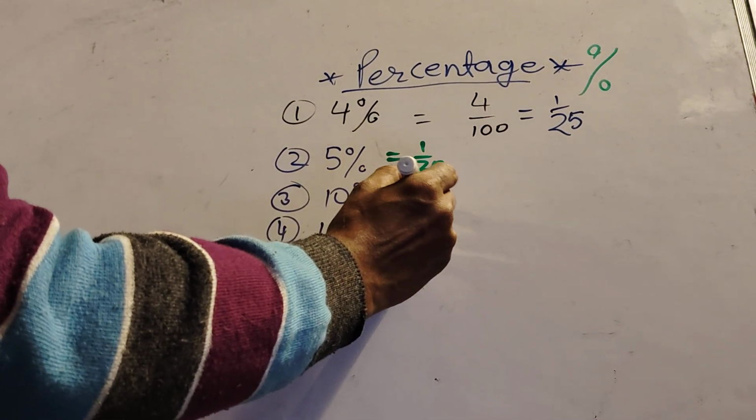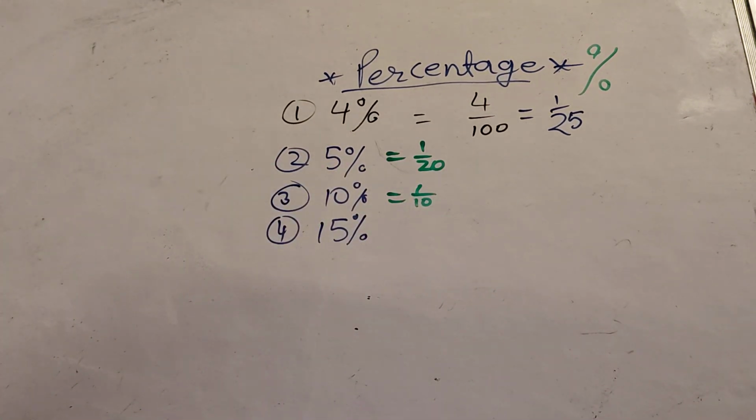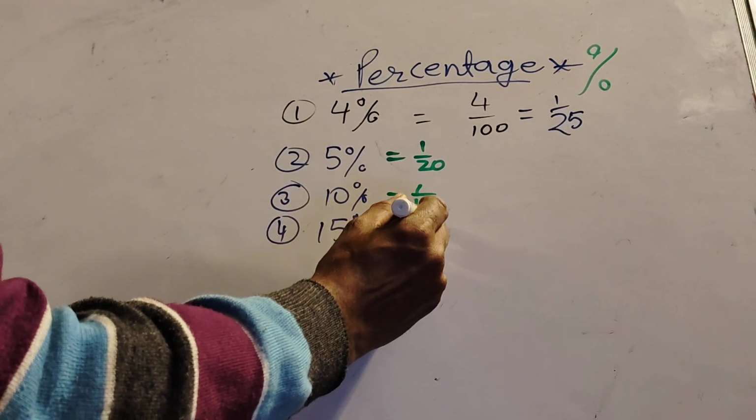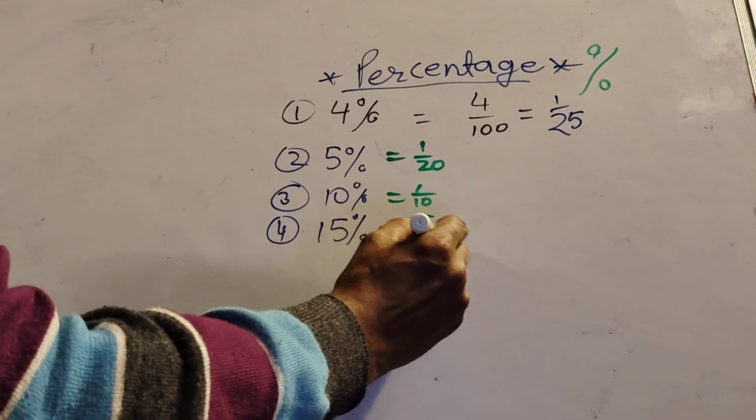After the third, next the fourth one, 15%. Could you simplify it by 5? Yeah, 15 over 100, then 3 over 20. 3 over 20, correct.